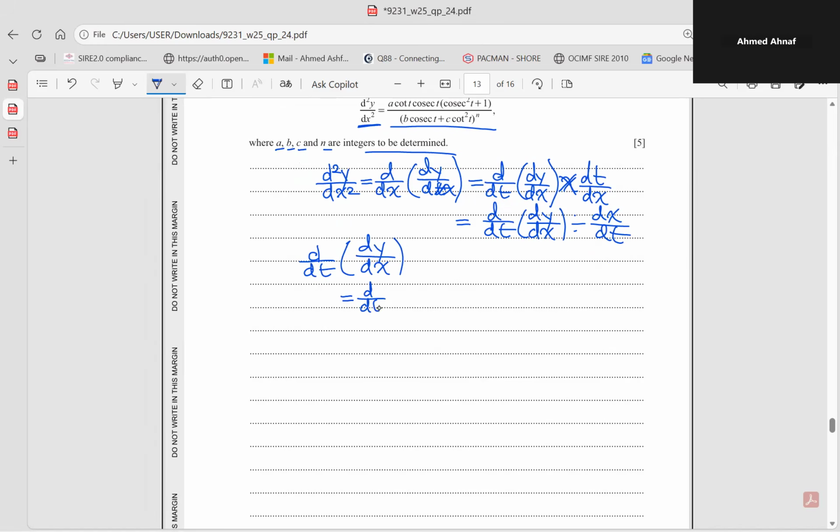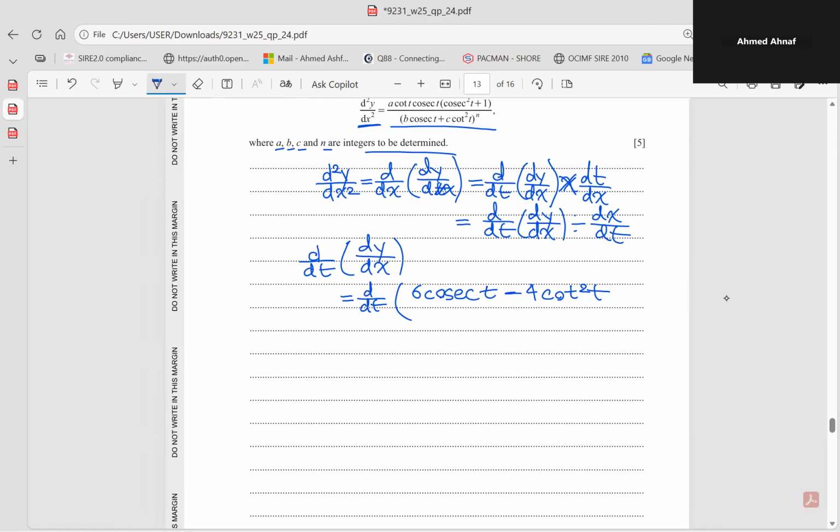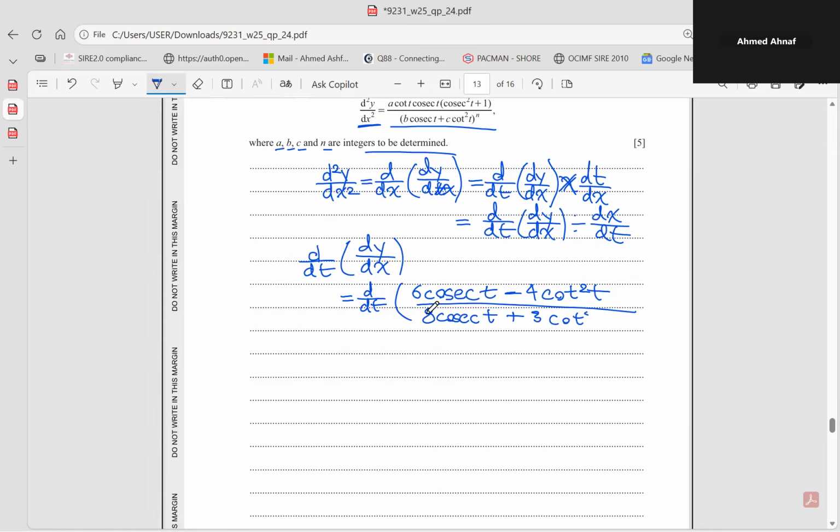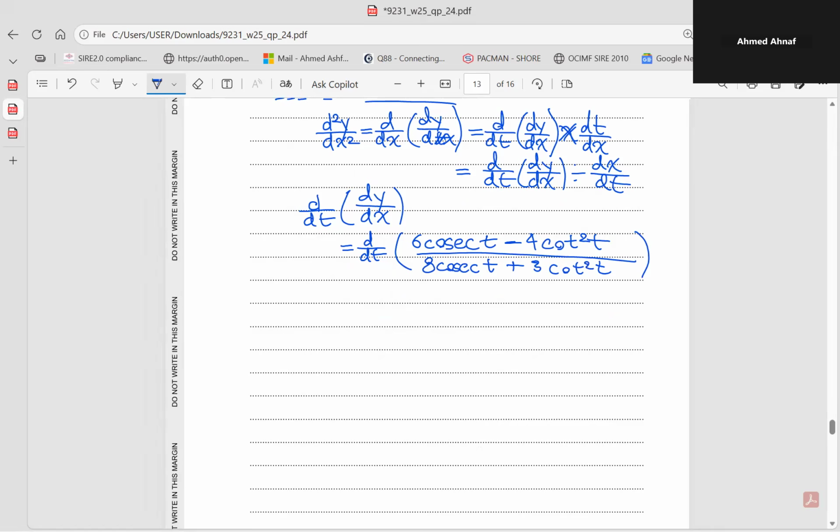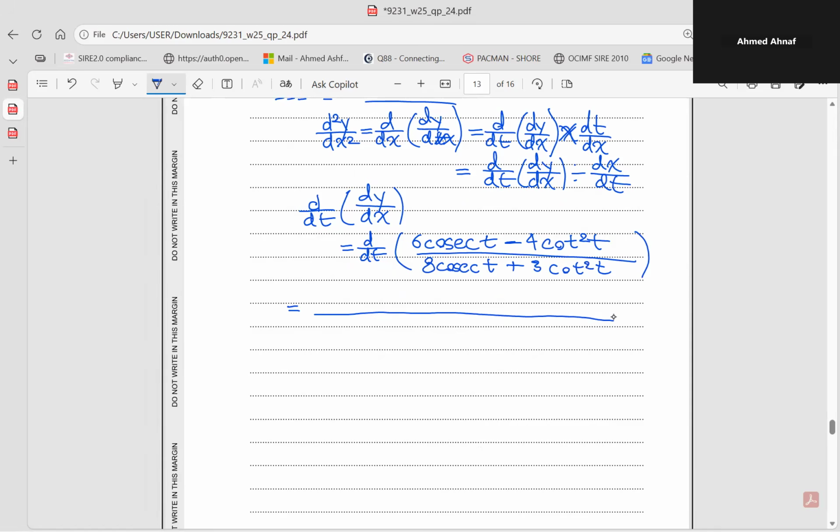So essentially, we have to differentiate dy/dt, which is (6 cosecant t minus 4 cotangent squared t) over (8 cosecant t plus 3 cotangent squared t). To differentiate this, we use the quotient rule.